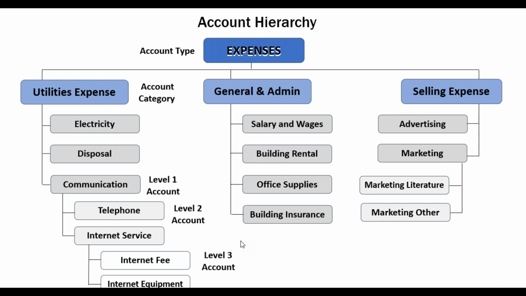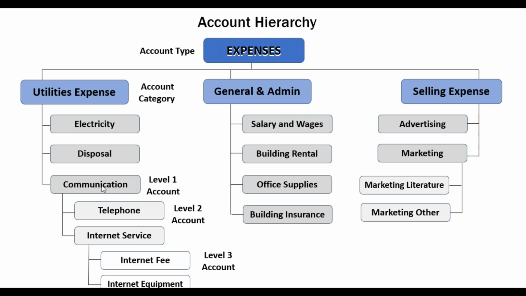Or if we wanted to summarize by a higher level and do level 2, then we would see it under telephone and internet service. Or if we rolled it up to level 1, we would see all of this activity under communication. So it's all in what you need at that time, and reports in CenterPoint are completely customizable, picking the level at the time that you're running the report.